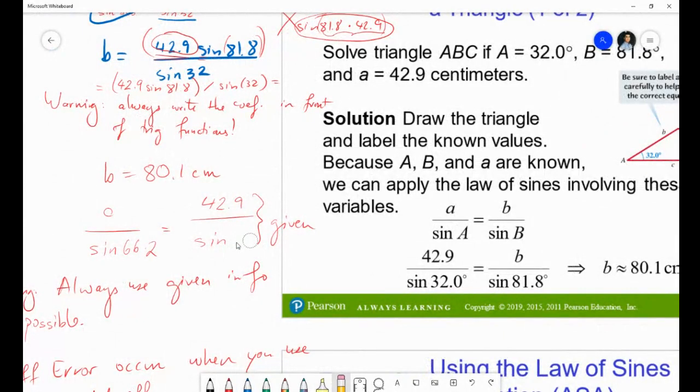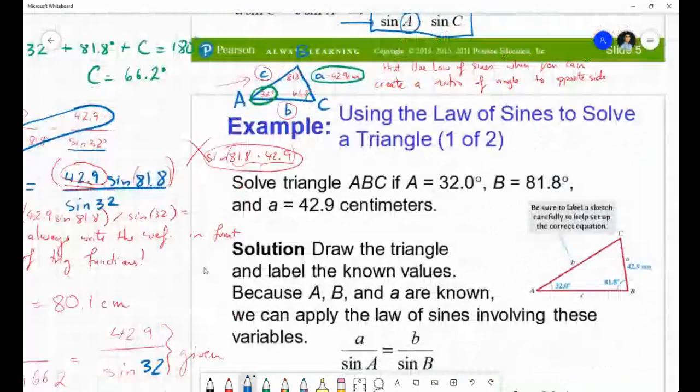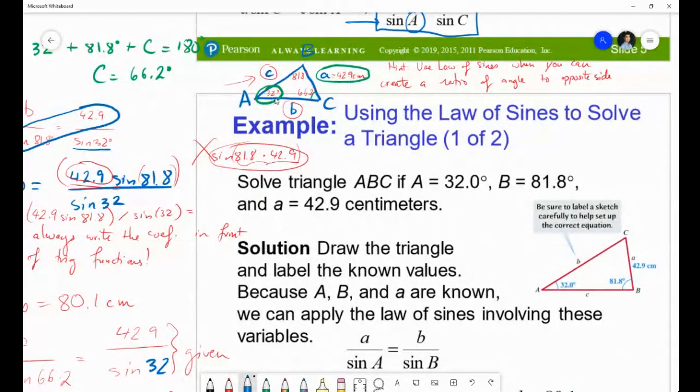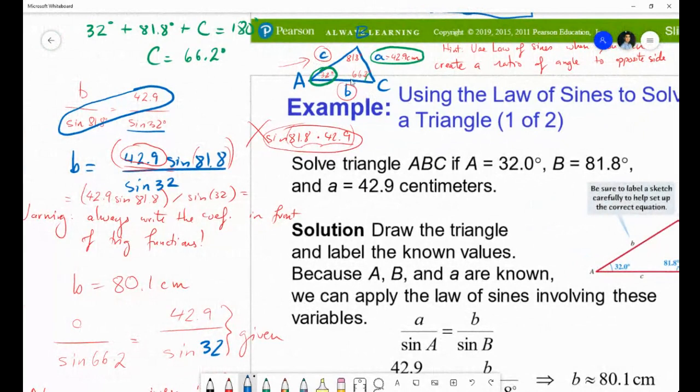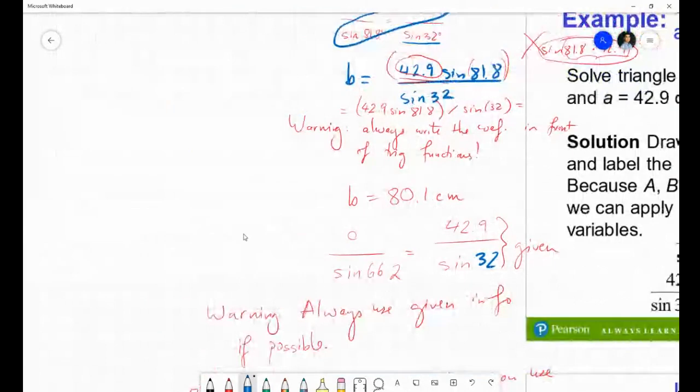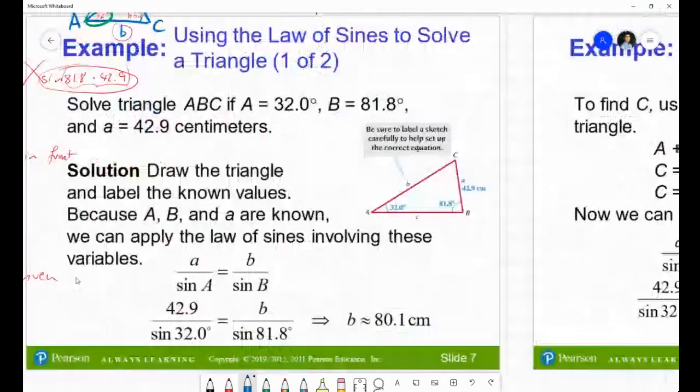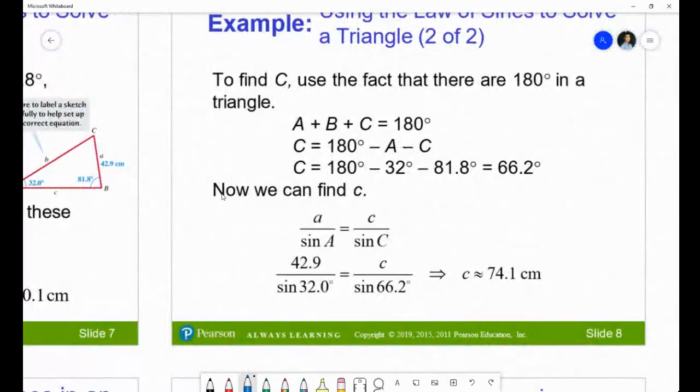I wrote this wrong. This is supposed to be 32. Did you put in 81.8? I think I did. Yeah. Because we need to find the ratio, which is 42.9, and A is 32 degrees. Okay. And then C is sine of 66.2. Yeah. So make sure you have C over sine C and A over sine A. And that will give us this ratio here. And if you do that, you should get 74.1.